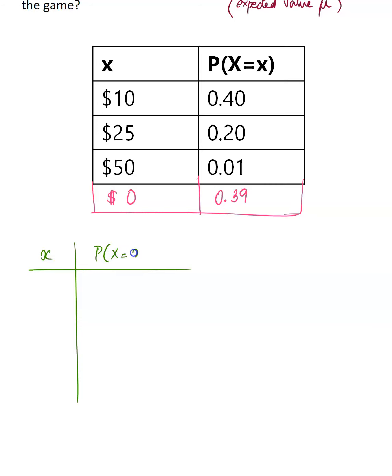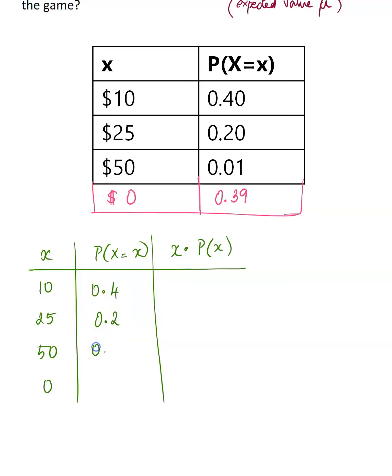So we have x, P of x equals x, and then x times P of x. So 10, 25, 50, and 0, with probabilities 0.4, 0.2, 0.01, 0.39.